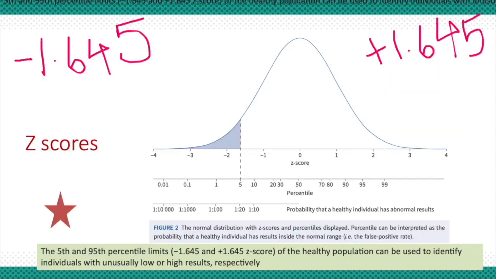So any Z-score which is less than the 5th percentile, or which coincides with minus 1.645 and lower, will be abnormal, and anything above that would be normal. The consensus task force says that the percentile limits, or the Z-score, or the standard deviation method, is a better method to have an unbiased approach to identify values which are outside the expected range.